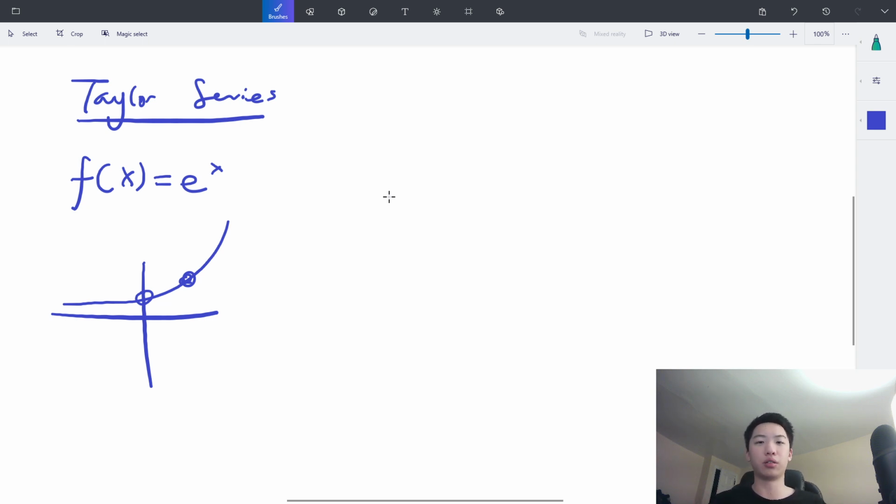But also the longer the polynomial, the more accurate. Now, the series is basically just a sum. And then as you go on to higher order derivatives, you'll be able to get closer to the true value. And assuming that you have an infinite series, you will get the true value.